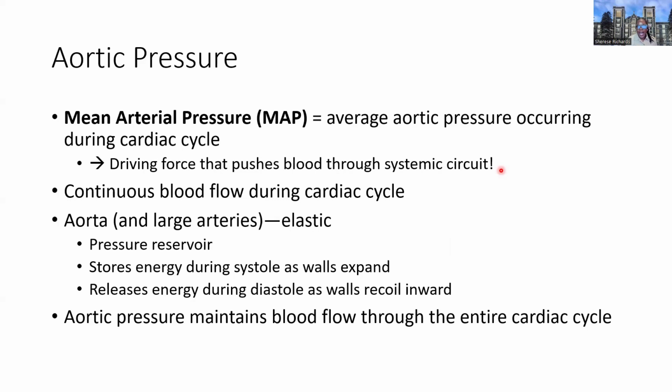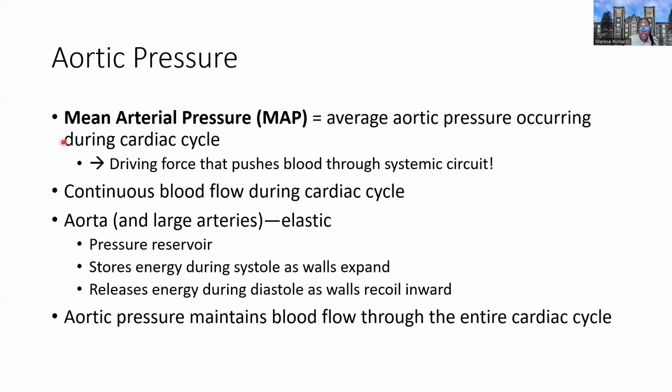So when you think about the highest pressure being the systolic, lowest pressure being the diastolic, the mean arterial will be the average between those two differentials. And then it's going to be during the entire cardiac cycle, not throughout any one part, not throughout systole or diastole, but throughout the entire cycle collectively.